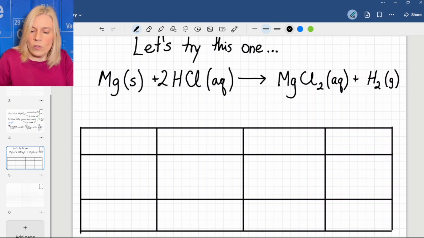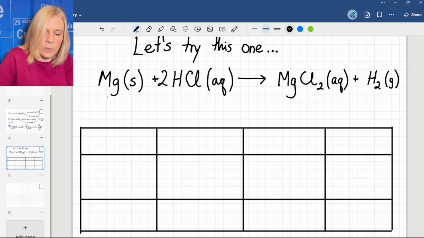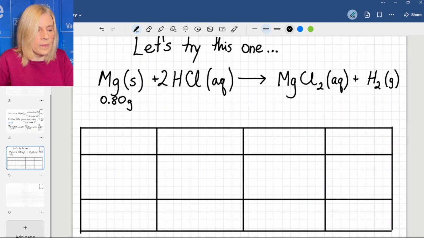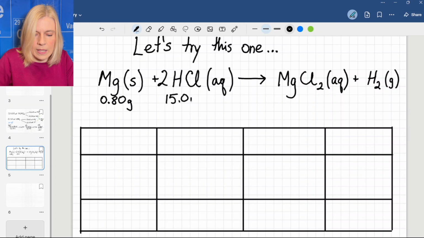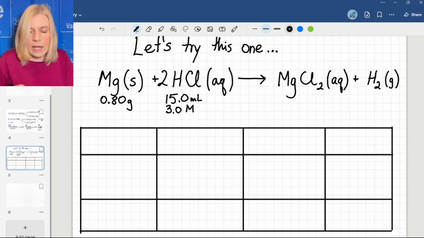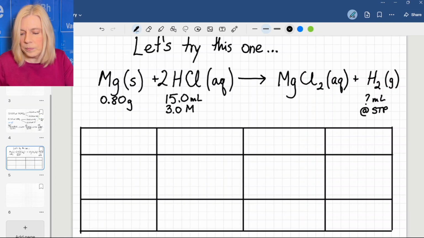Let's do this setup. We're going to put 0.80 grams of magnesium ribbon into 15 milliliters of 3 molar solution of hydrochloric acid. And the question is, how many milliliters of gas will we produce at STP?